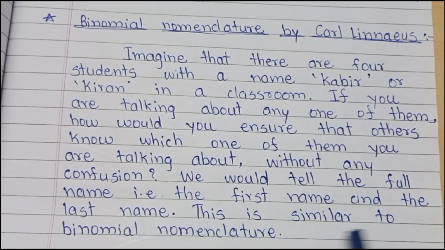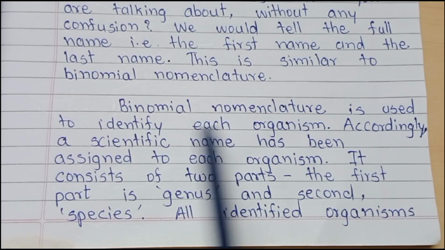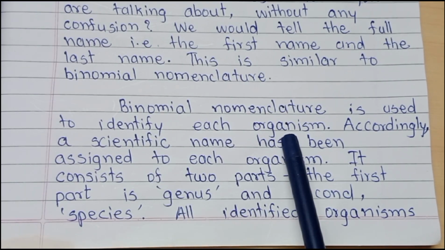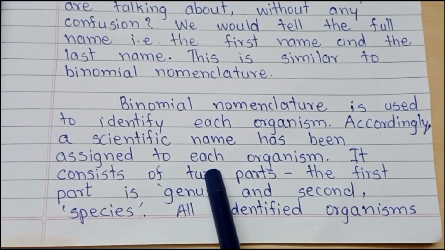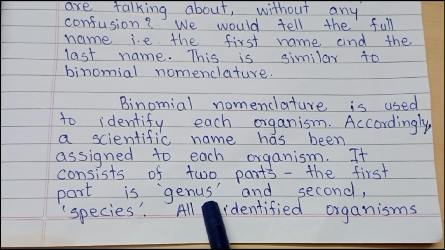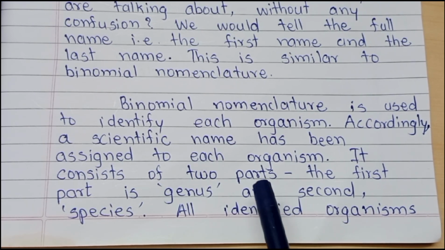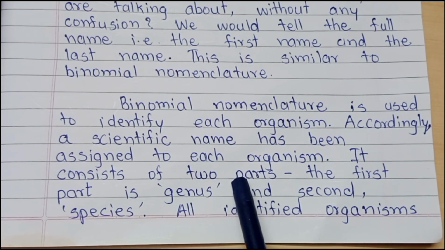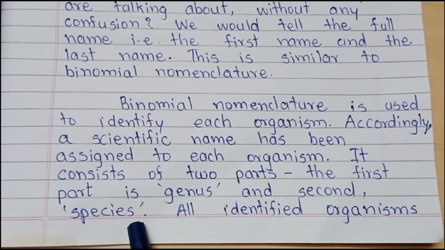This is similar to binomial nomenclature. Binomial nomenclature is used to identify each organism. Accordingly, a scientific name has been assigned to each organism. It consists of two parts. The first part is genus and the second is species. To identify organisms, the first name is given as genus and the second is the species.